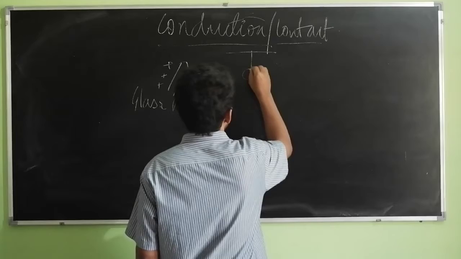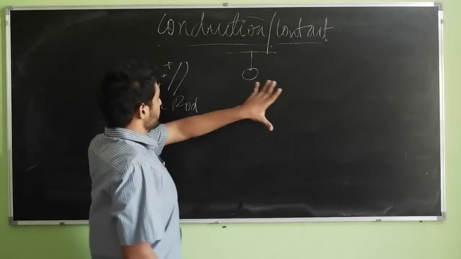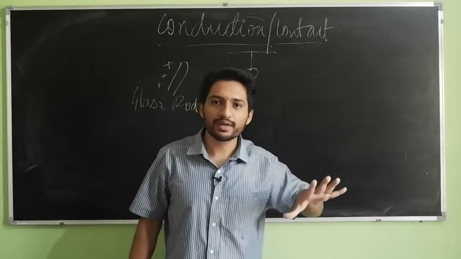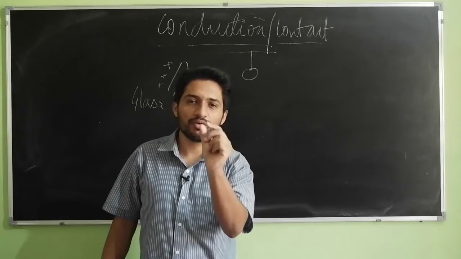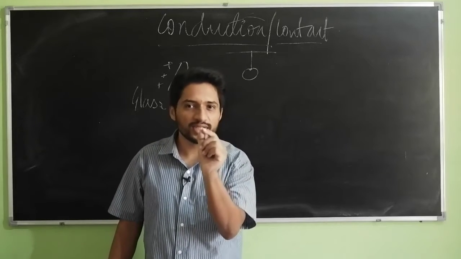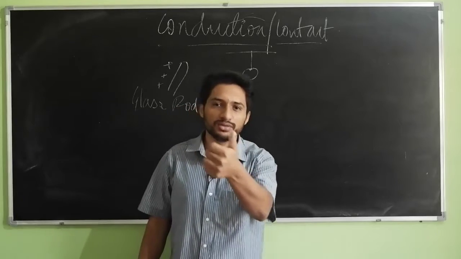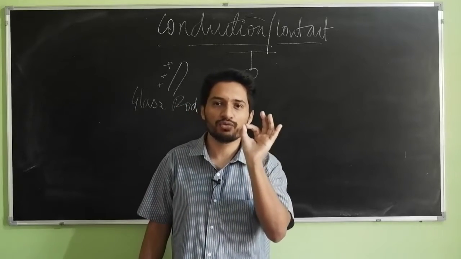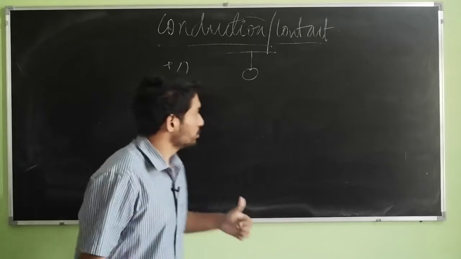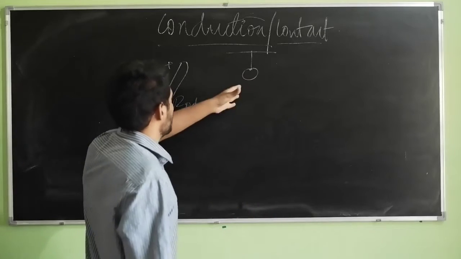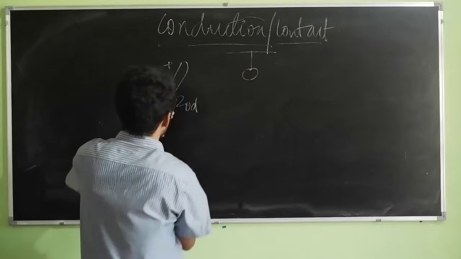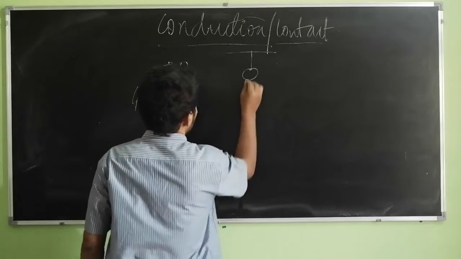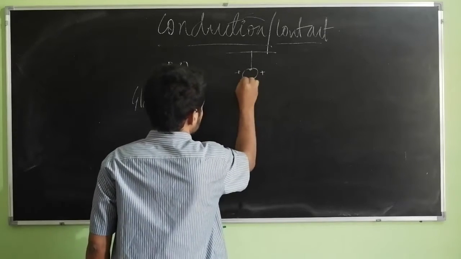Pith balls are similar to polystyrene balls, just those small styrofoam balls, or similar to thermocol balls. You can go online and search for styrofoam balls. These become easily charged, so when you touch one with the glass rod, it becomes positively charged.